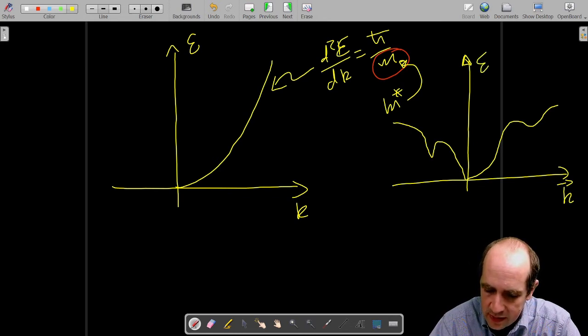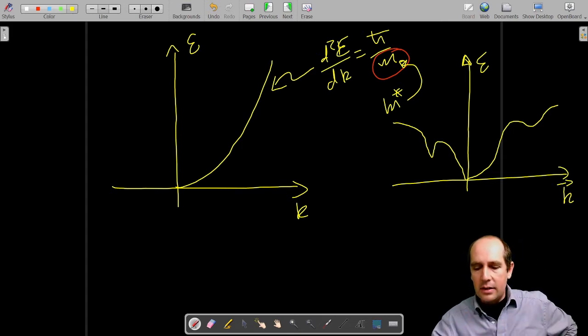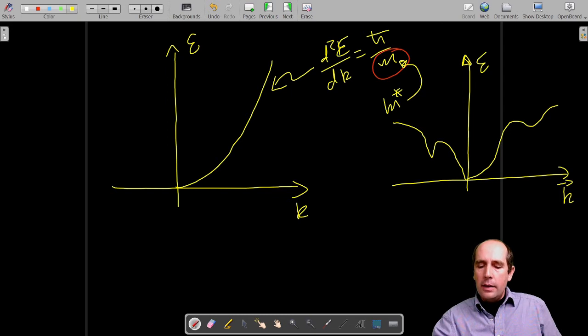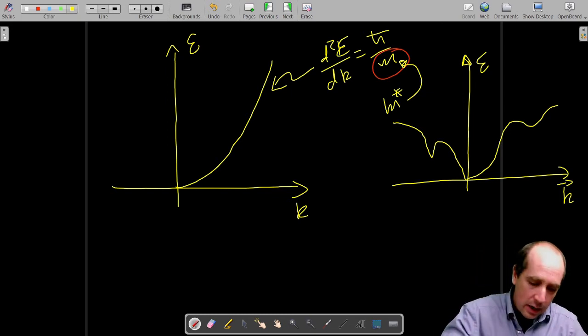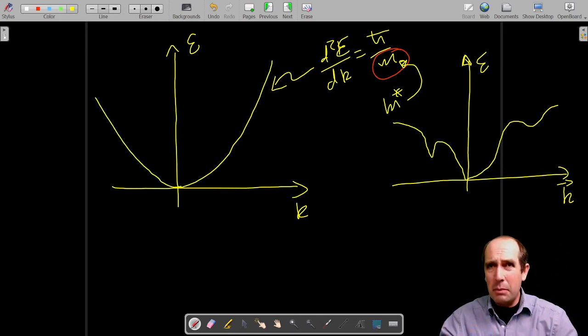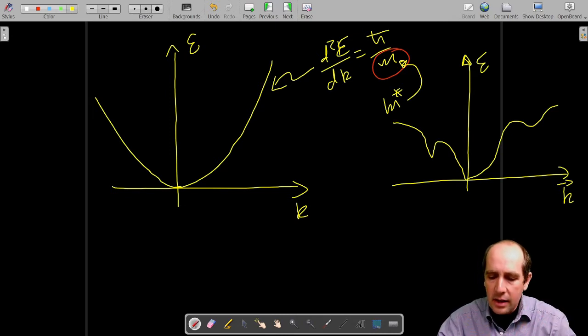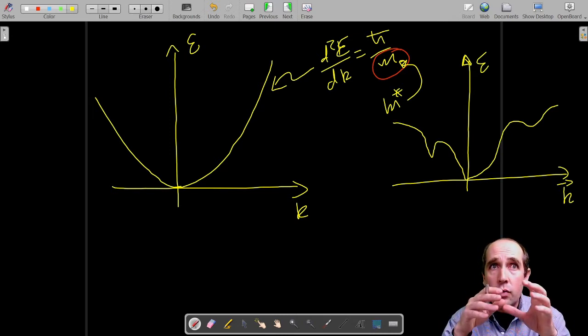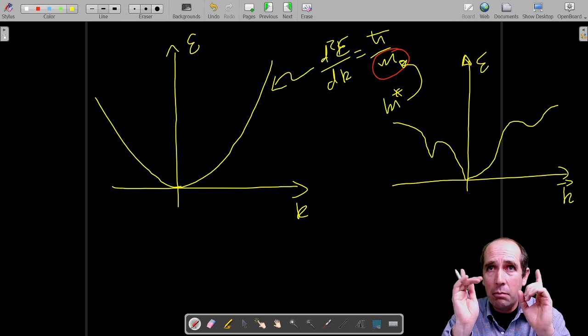And we said that when the band structure is not a perfect parabola like we have drawn here, but something a bit more complicated like what we have up here, then the second derivative is no longer constant. That's the first point.